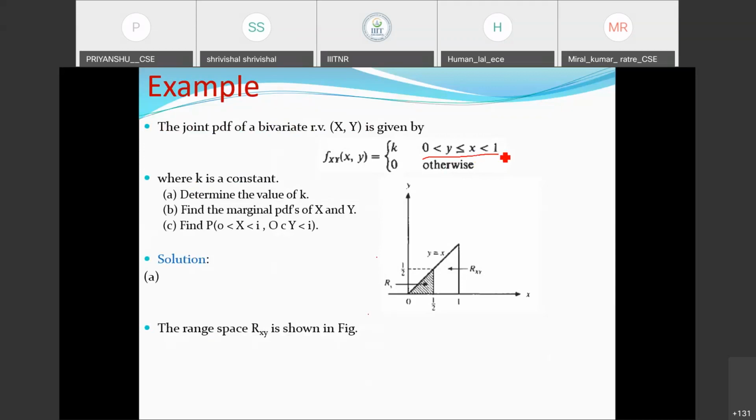So what is the range of y here? The range of y is always starting from 0 and ending at x. And similarly, when we go for the x range, x is always going from here to a maximum of 1.